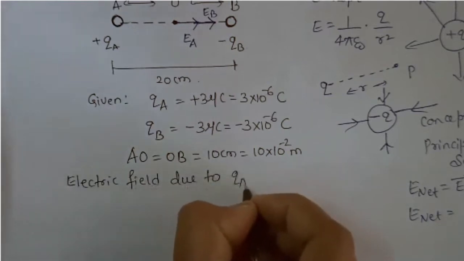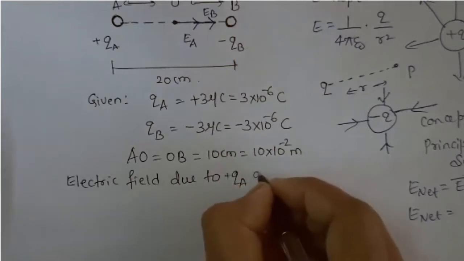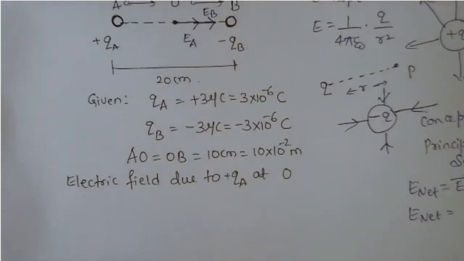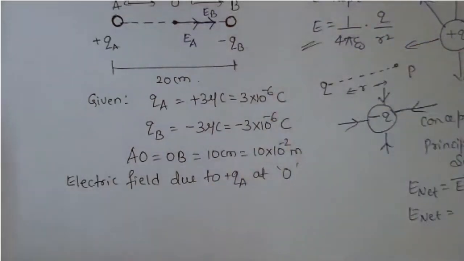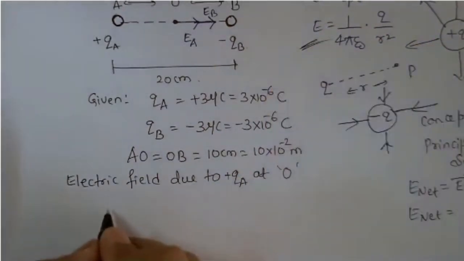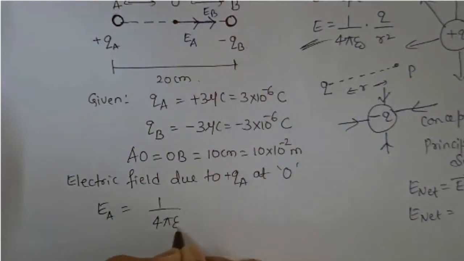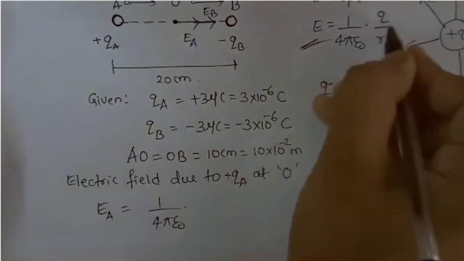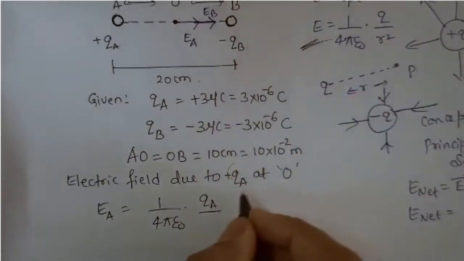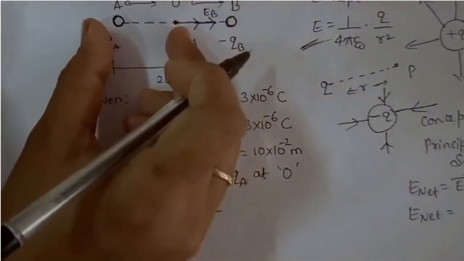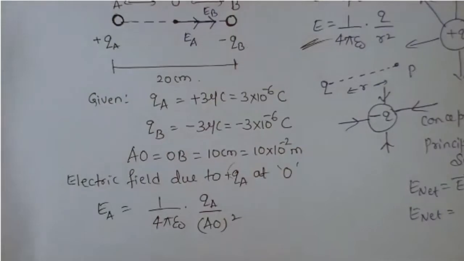Due to QA, positive it is, at O, at a midpoint O. So what is the formula? What is the concept? This is the concept. So EA is equals to 1 by 4 pi epsilon naught into, in place of Q, plus QA, divided by, in place of R, what you are going to take? AO, the whole square.